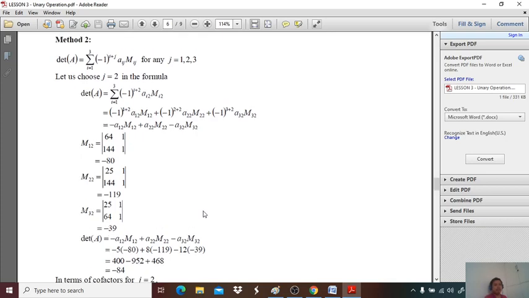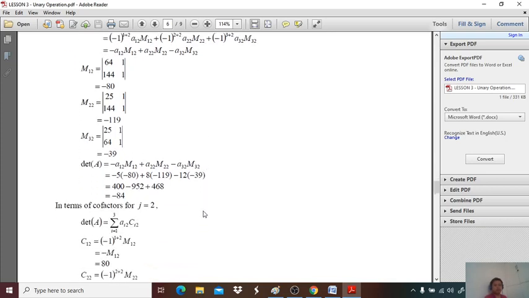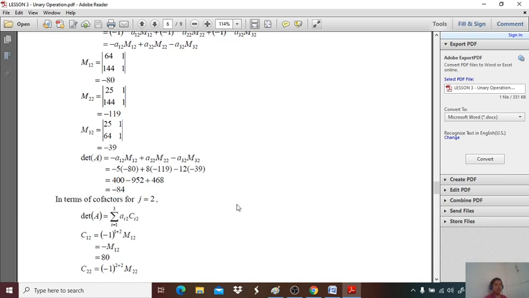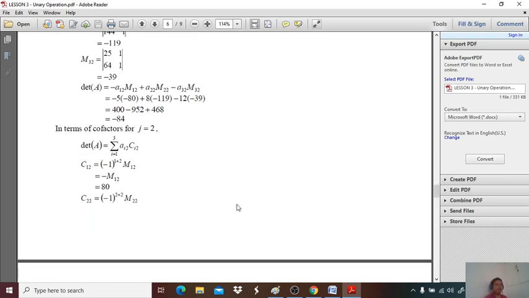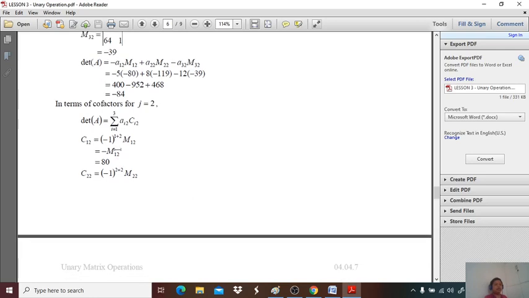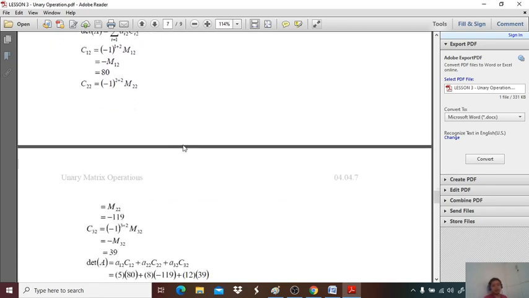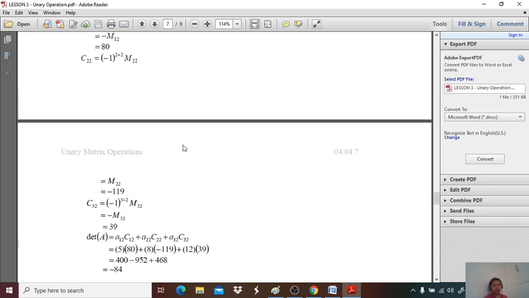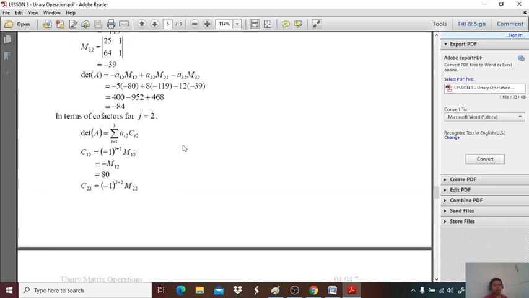So this is for the second column. Then using this summation, we have negative 84. So that is the same. Replacing negative 1 raised to the i plus j times M_ij, you can get the cofactor. Okay, so they are the same answer.